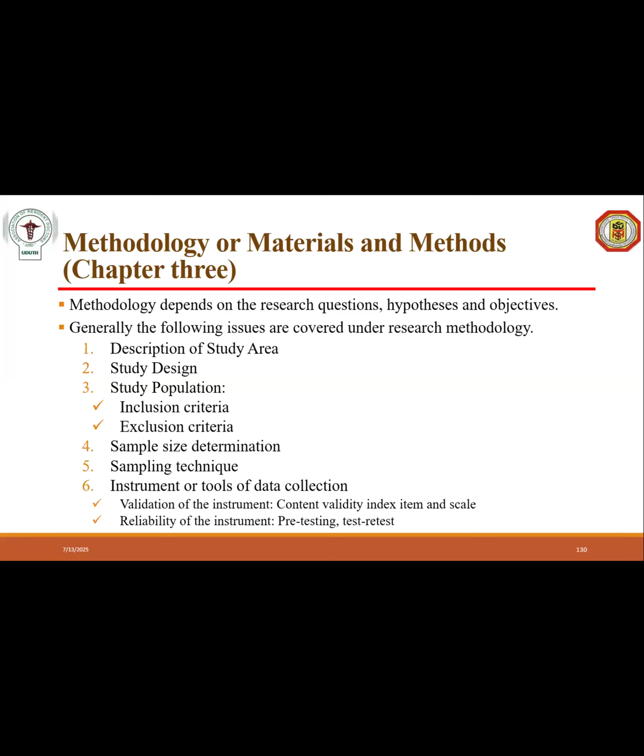Then reliability of the instrument. You also have to mention the reliability. What is reliability? Reliability is the reproducibility of that instrument. For example, if you ask someone a question today and he gives you an answer, and you come tomorrow and ask him again, and he gives you a different answer from that of today, it means that instrument is not reliable.